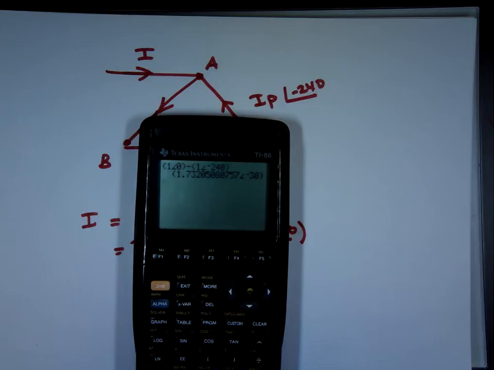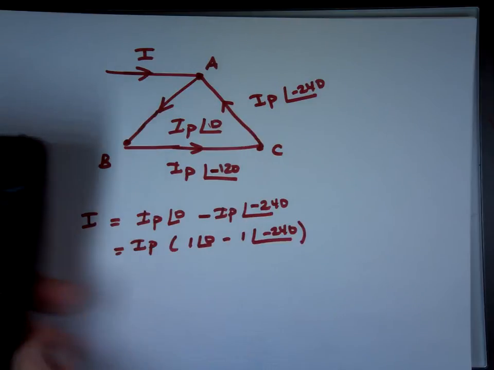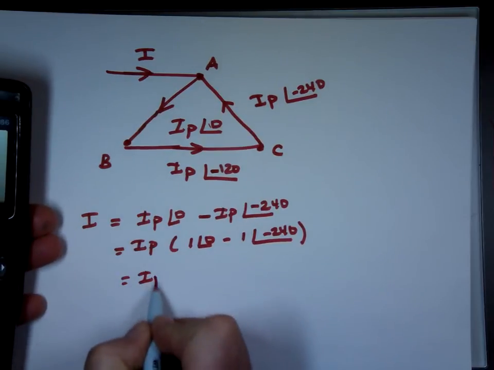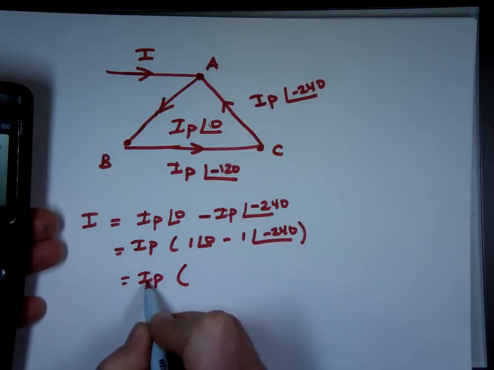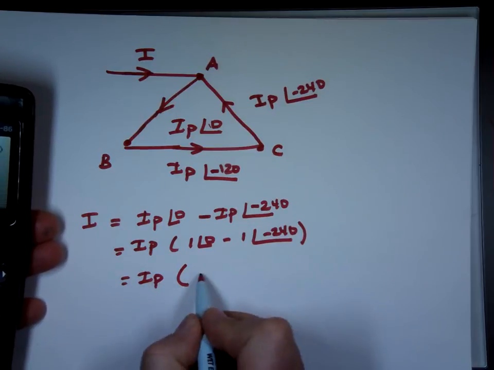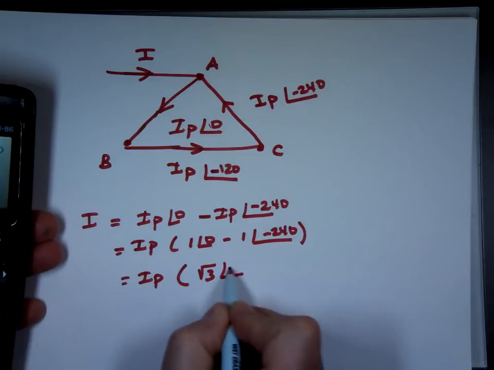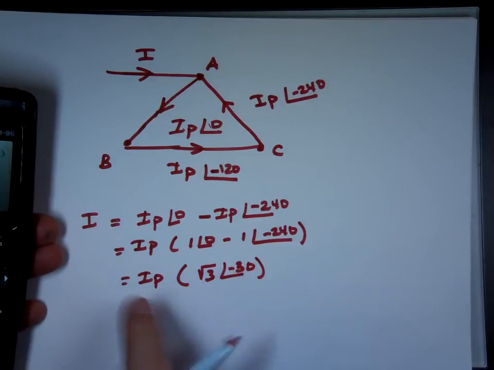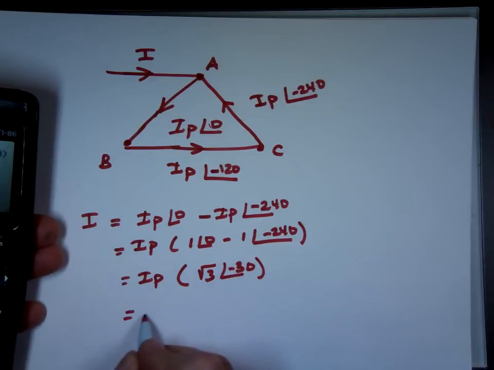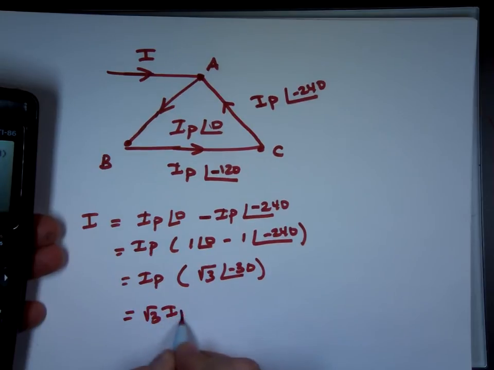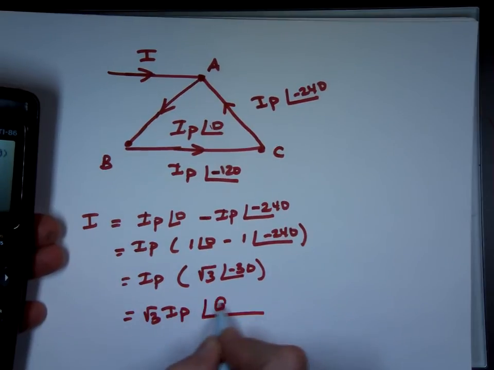And look at the angle, negative 30 degrees. So whatever I sub P is, it doesn't matter, it's going to multiply by the square root of 3 angle negative 30 degrees. The magnitude will be the square root of 3 times I sub P, and for the angle, it's whatever theta you subtract 30 degrees from.